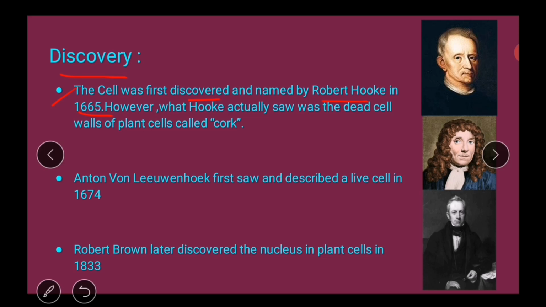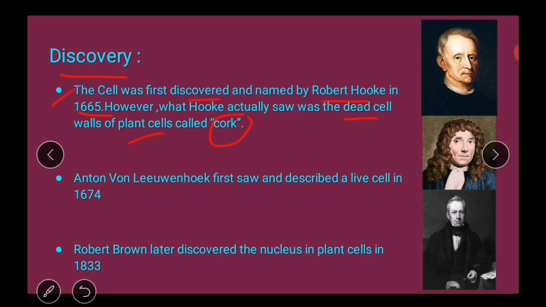The interesting thing here is that what Robert Hooke actually saw was the dead cell walls of plant cells called cork. What he saw was not a living cell, it was a dead cell wall of a plant cell.